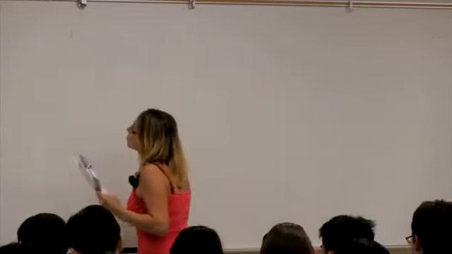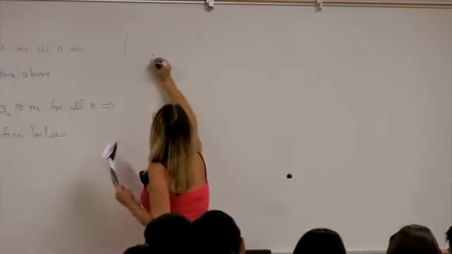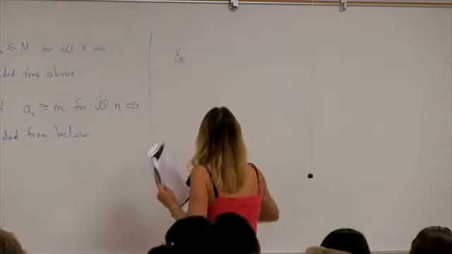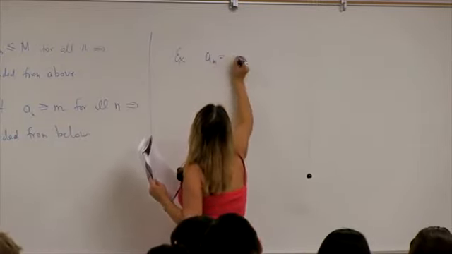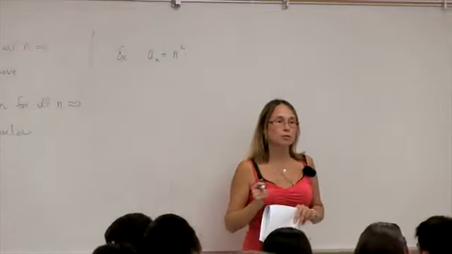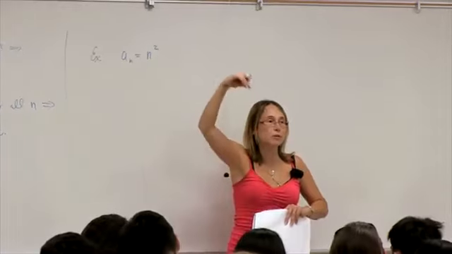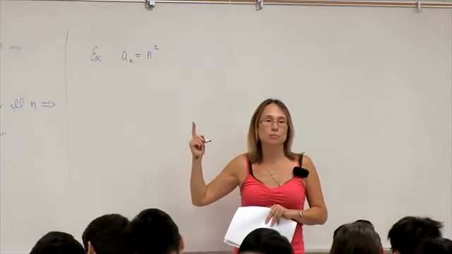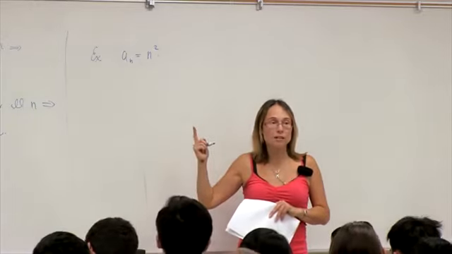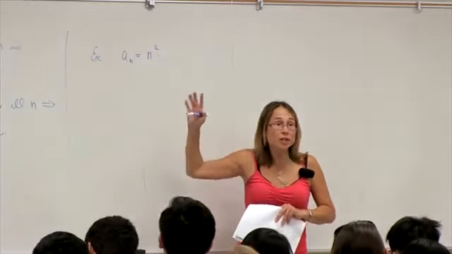For example, let's suppose that an is n squared. Is this bounded from above? No, it keeps increasing. Is it bounded from below? Yes, by what? 0 or 1 or minus 35 or any of these numbers, right?